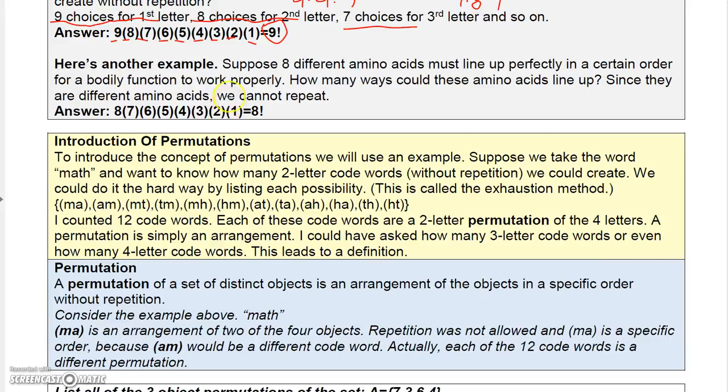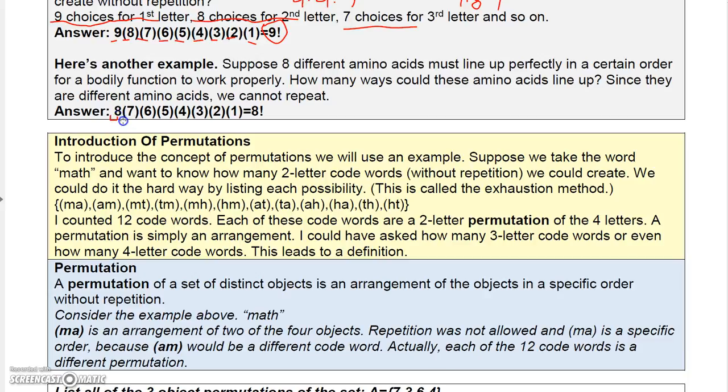Okay, here's another example. Suppose 8 amino acids must line up perfectly in a certain order for a bodily function to work properly. How many ways could these amino acids line up? Well, since they're different amino acids, you can't have repetition. So there's 8 choices for the first amino acid.